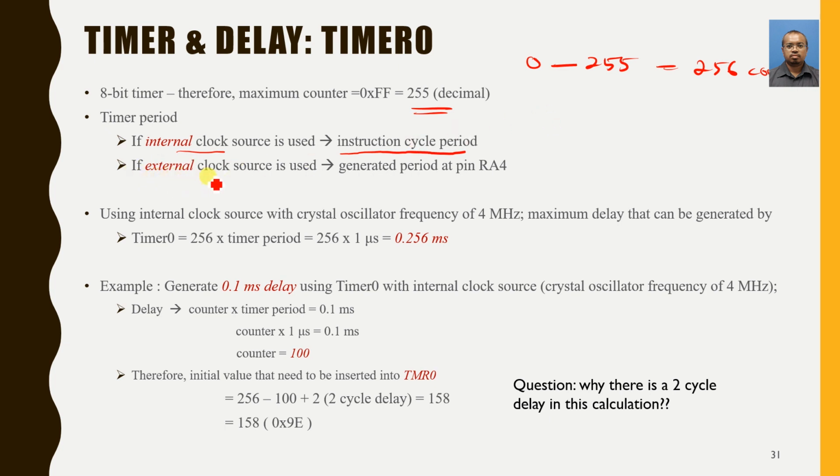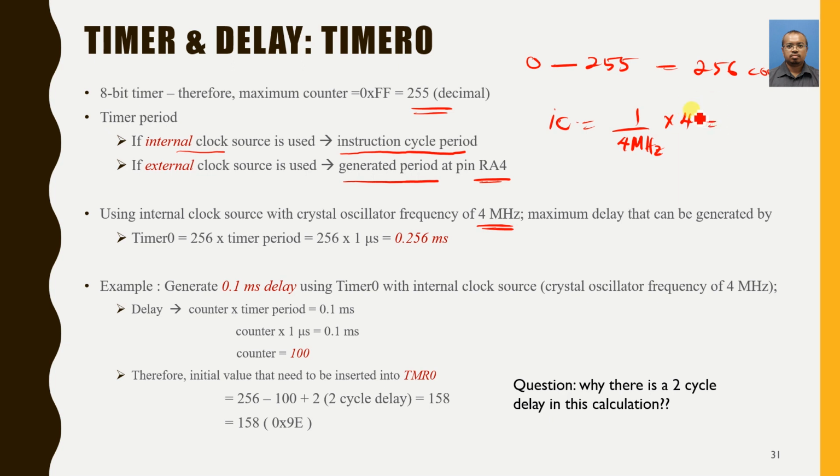And if the external clock is used, then it is based on the period generated at pin RA4. If you use the internal clock source with an oscillator frequency of 4 MHz, let's recall what we calculated previously. For 4 MHz, 1 instruction cycle is 1 over 4 MHz, and you have to times by 4, remember?